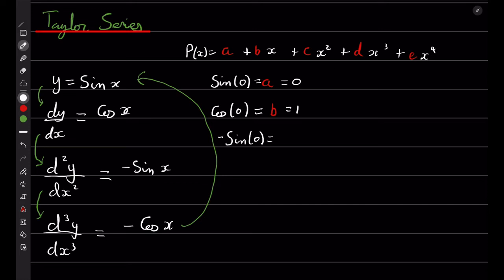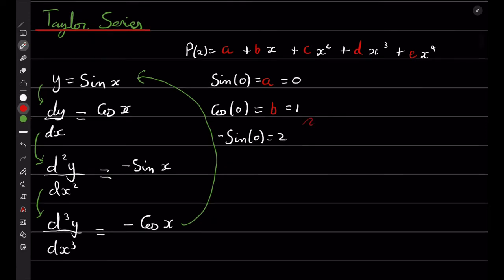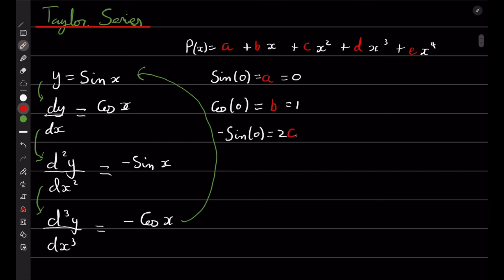Important point here, by the way: when we take the derivative, the 2 hops down for the first one, and then the 1 that's left hops down again, leaving x power 0, which is 1, and the x goes away. So it should be equal to 2c. And negative sine of 0 is 0.